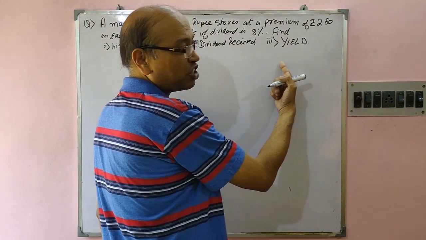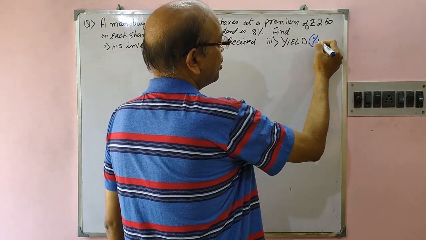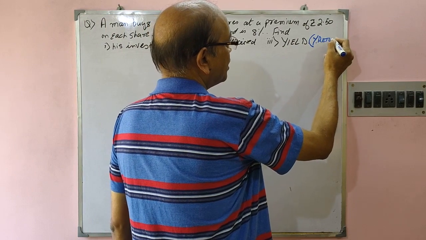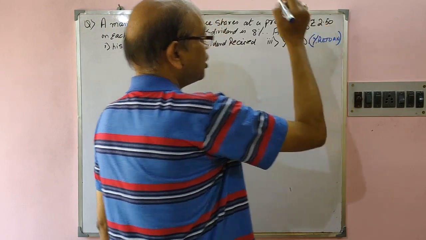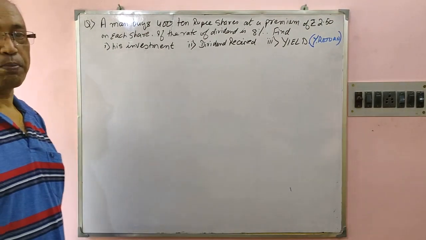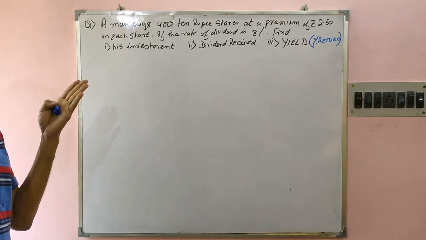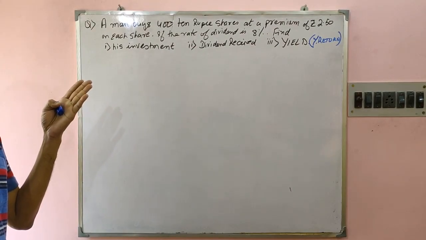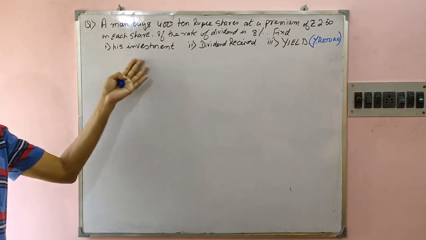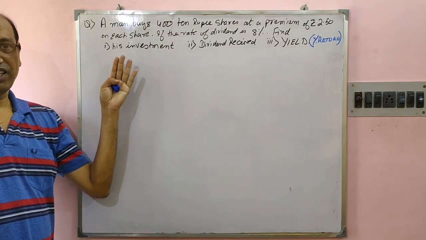Please note, these are the various terms. Yield is nothing but it is percentage return, also known as percentage return. I think you can do this sum for your homework, or should I do it? You try it. If not, send me in your comment box. I'll reply back.